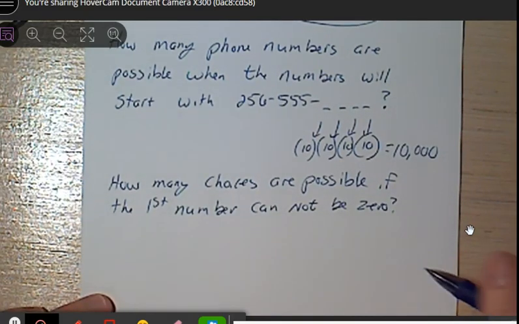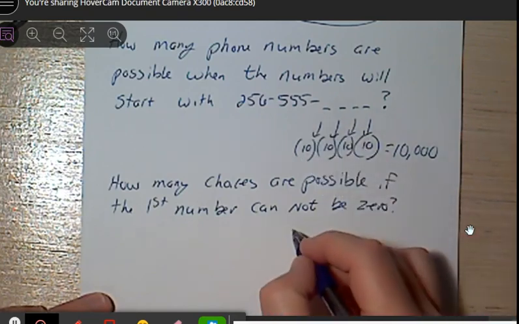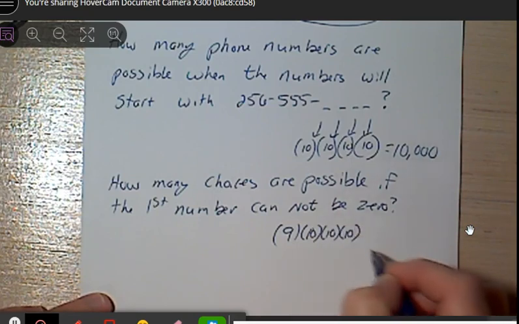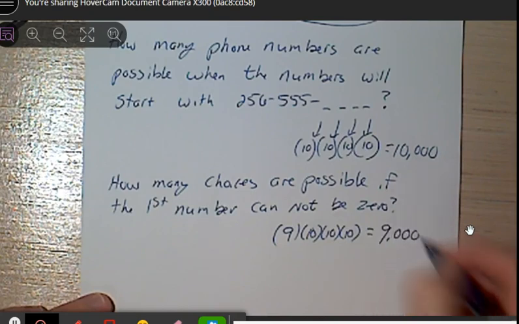Well, if the first number can't be 0, then now you're down to 9 choices. So it would be 9 times 10 times 10 times 10. So that's 1,000 times 9, which would be 9,000.